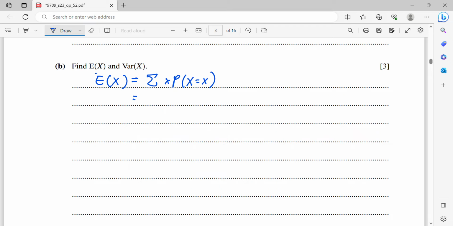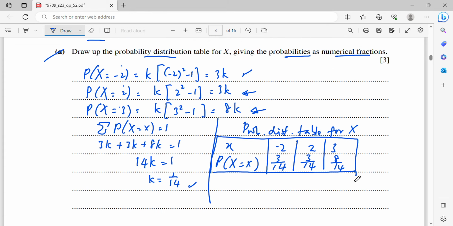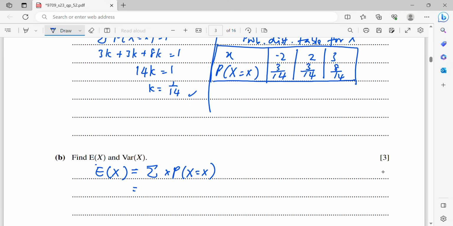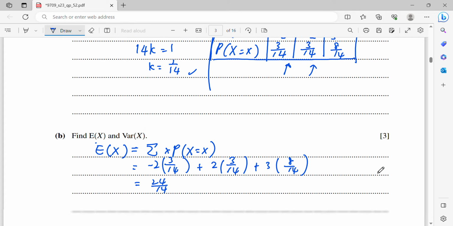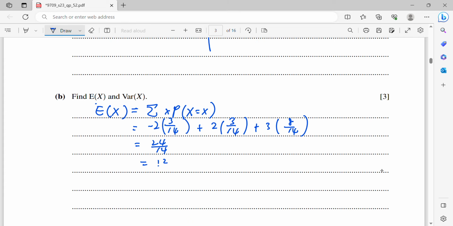That means you need to multiply the x with the p first before you add the sum for another pair of values. So based on this table, I will get -2 times 3 over 14, plus 2 times 3 over 14, and the last will be 3 times 8 over 14. Then from here you'll be getting 24 over 14, and hence the answer will be 12 over 7. So we have done the E(X).